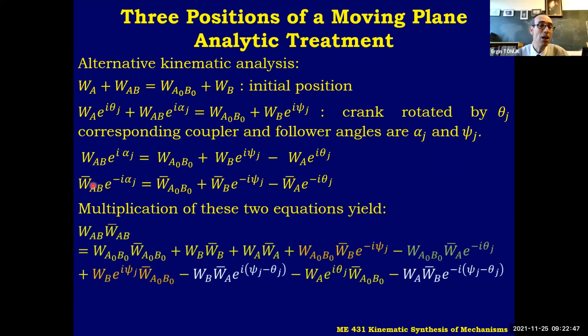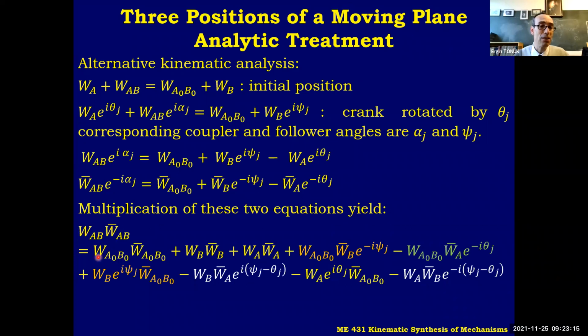So when you multiply these two, this will be eliminated. I'll have W A B conjugate is equal to, then I multiply this with this one, which I obtain all of this. And if you just watch what is going on, those yellow ones, so I just tried to group the terms somehow.